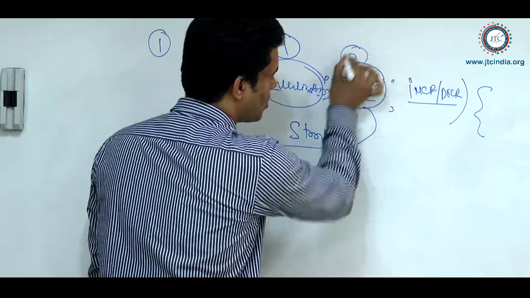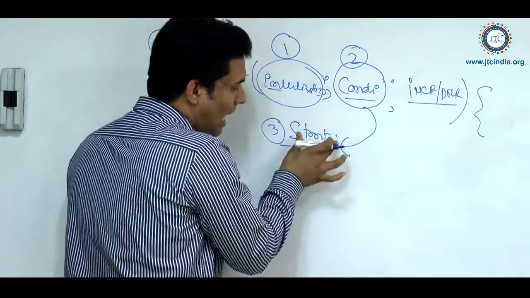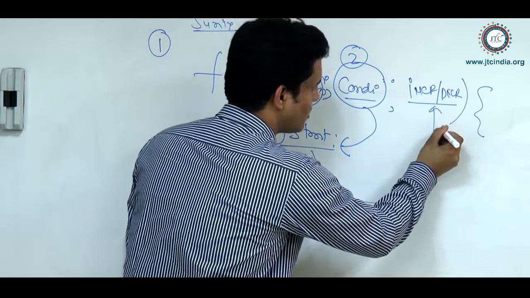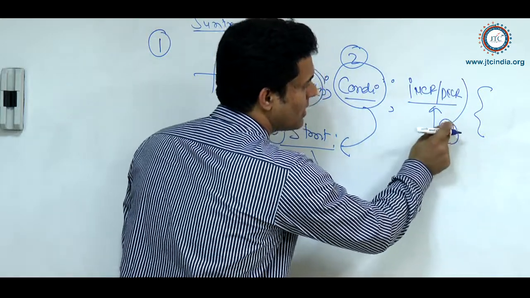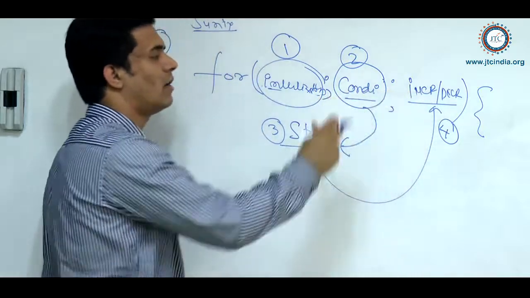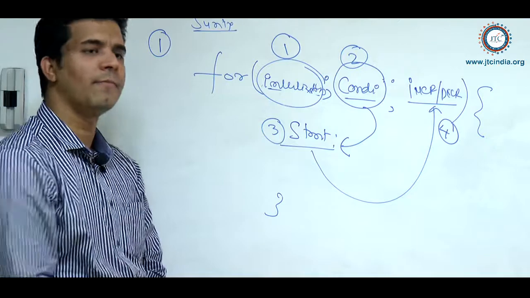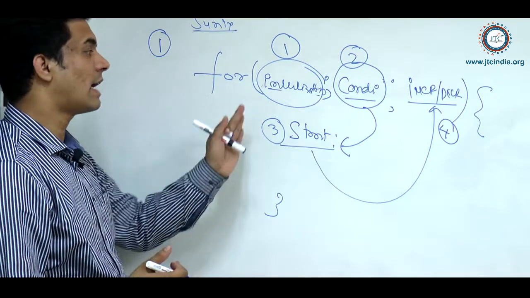After processing the statement, the fourth step is the increment of the corresponding counter which we have used in our application. So this is the syntactical part which I have explained.